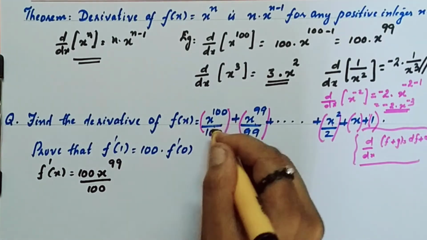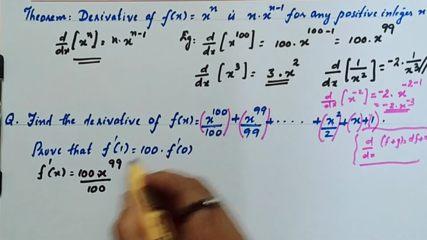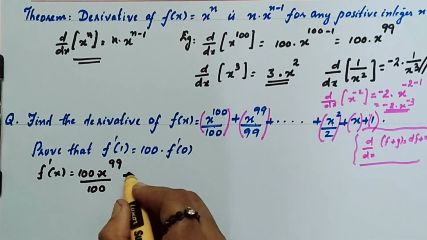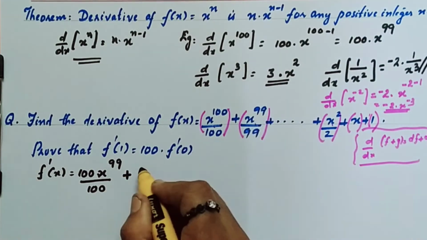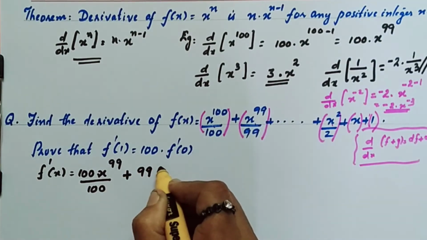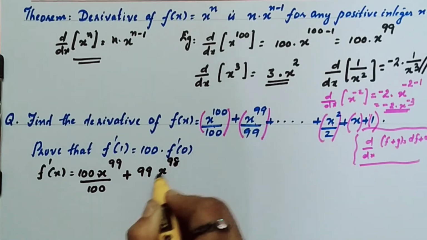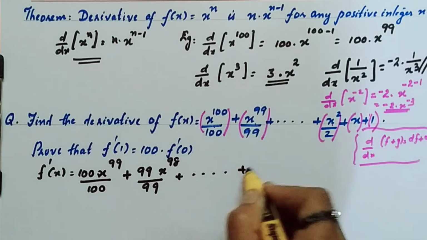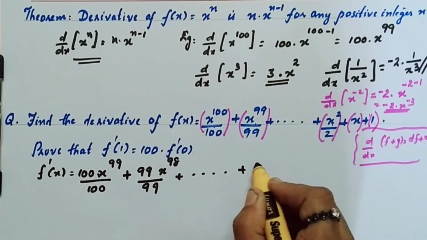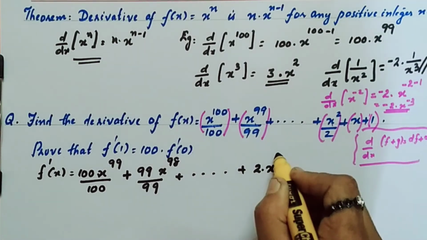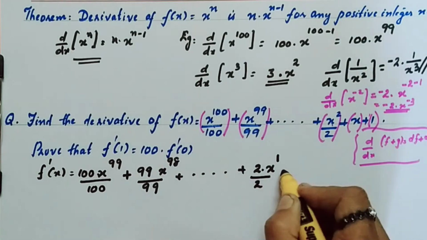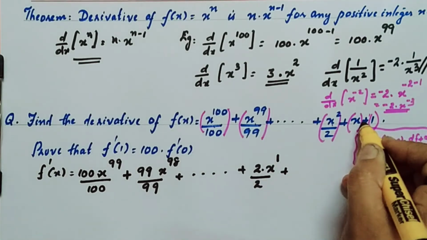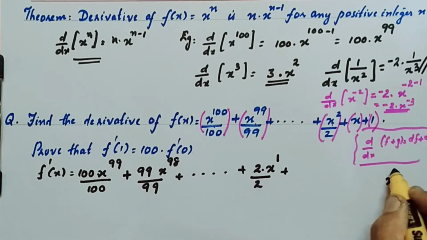So first is the derivative of x raised to 100, that is 100 x raised to 99 by 100, plus x raised to 99, its derivative is 99 into x raised to power minus 1 divided by 99, plus etc., plus here comes x raised to 2, the power 2 into x raised to power minus 1 by 2, plus here comes x, if you want you can think of it as x raised to 1.